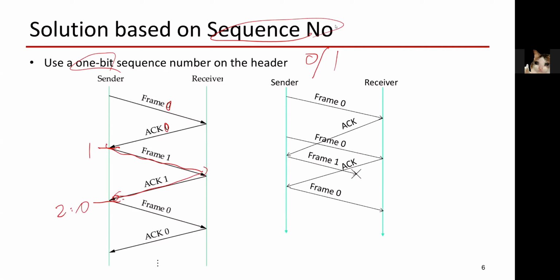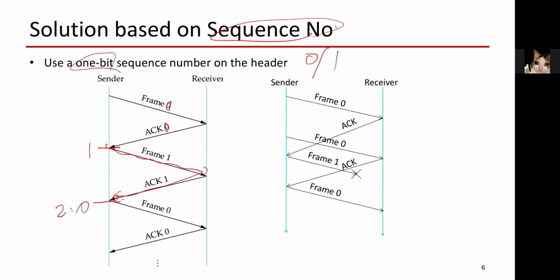I could have a longer sequence number, but it also takes up a longer header. Clear? I want to minimize the header and the redundancy, and still guarantee proper communication. So start with 1 bit.